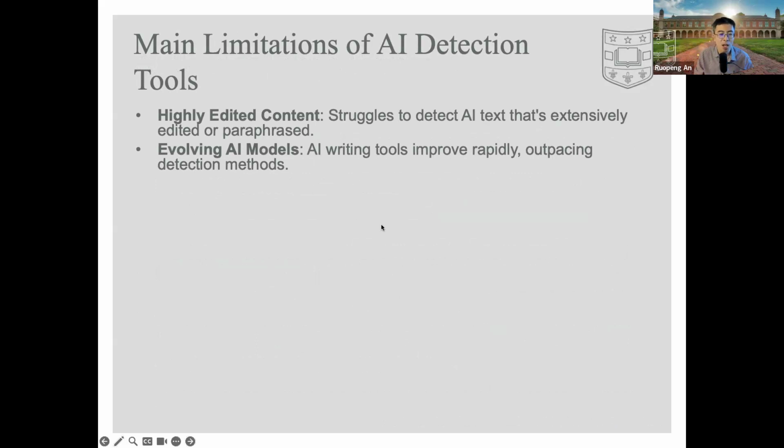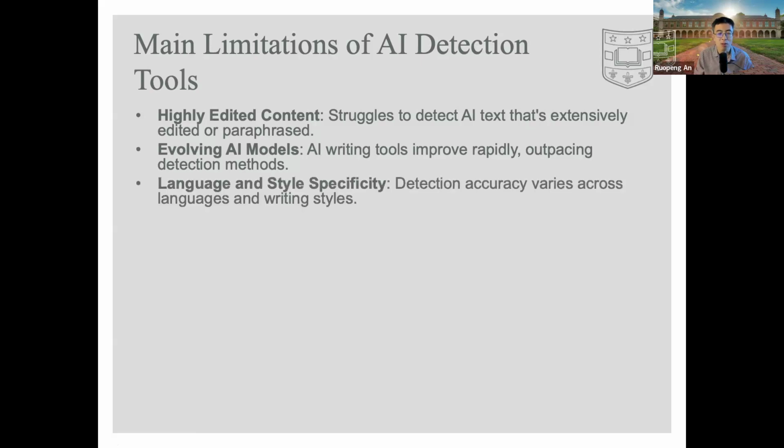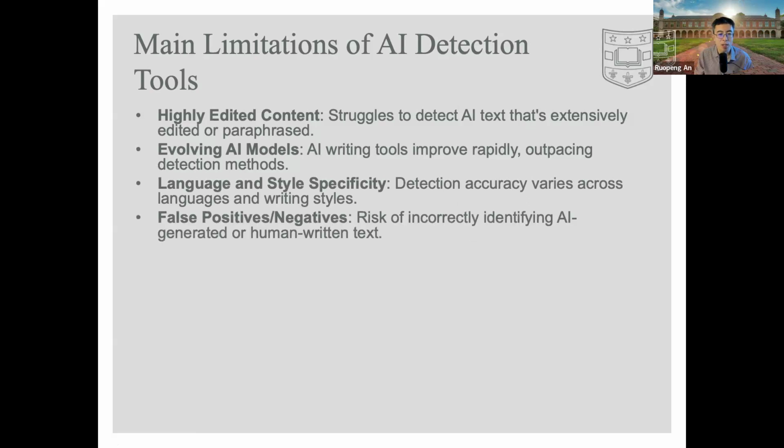A lot of those AI models are developing so rapidly that these AI detection tools have difficulty keeping up. And the detection accuracy varied across languages and writing styles. It is probably most accurate in English, but less so for other languages and writing styles.